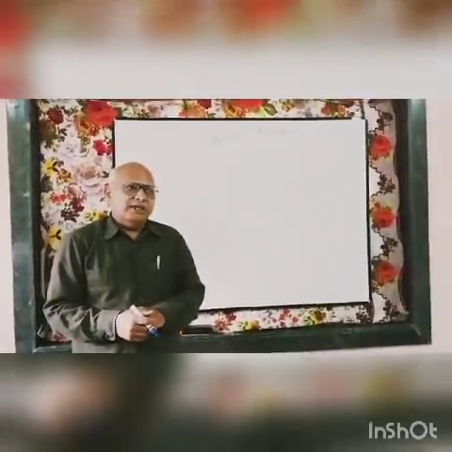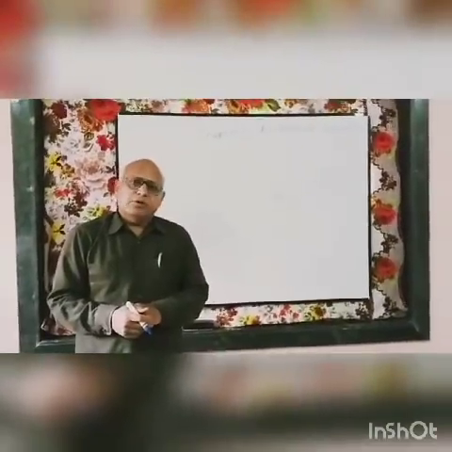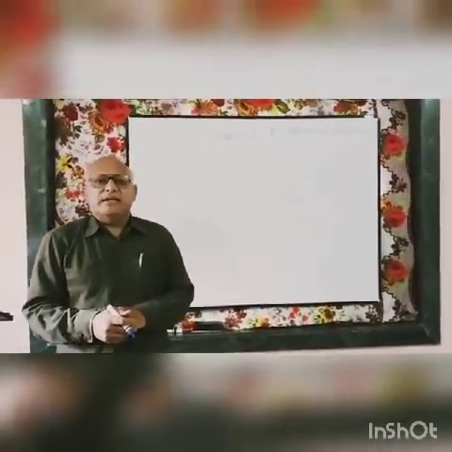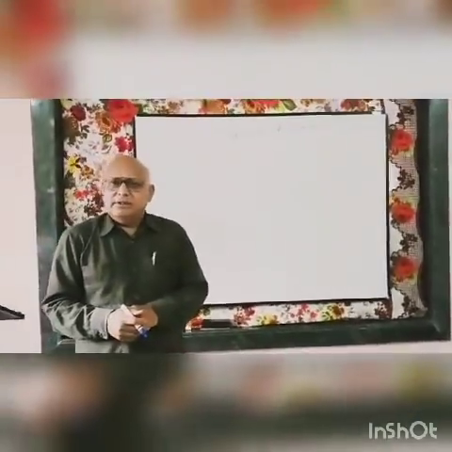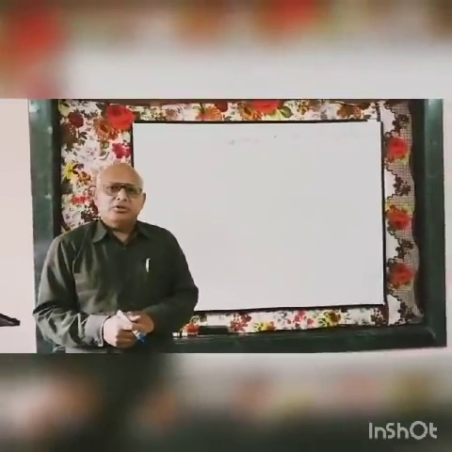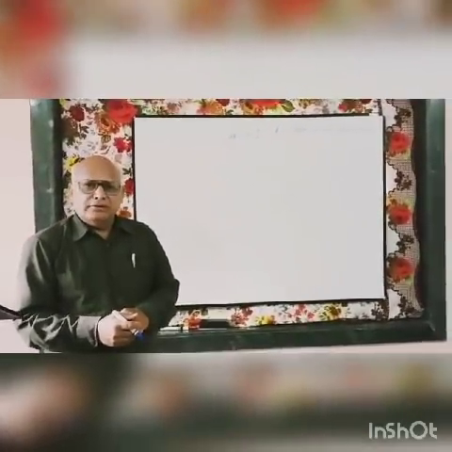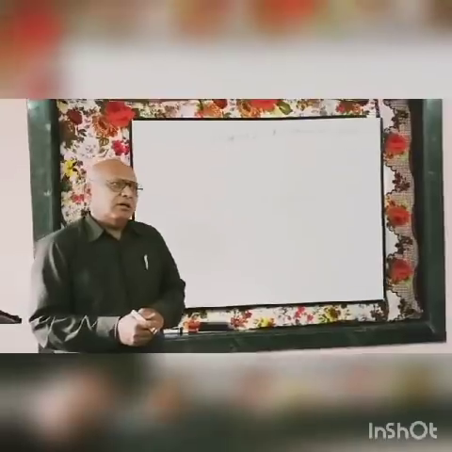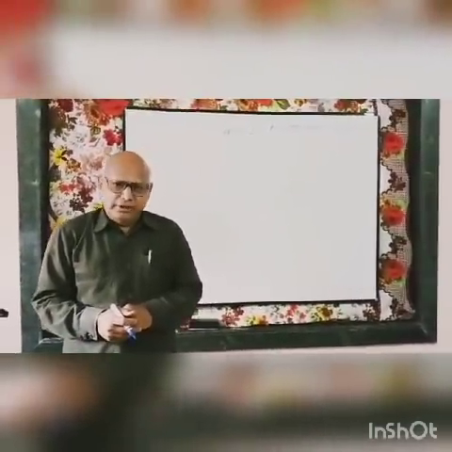In our day-to-day life, we are going to learn many examples of circular motion. For example, the rotation of the blades of the fan, the rotation of the hands of the clock, Earth revolving around the sun, Moon revolving around the Earth, electrons revolving around the nucleus.